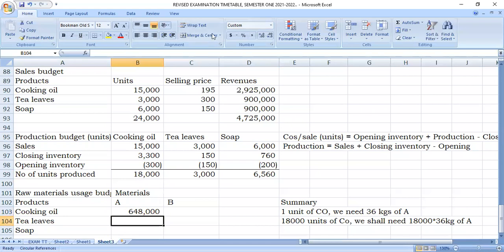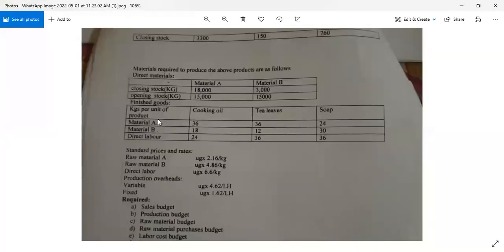Then for A again, as far as now tea leaves are concerned, it says that for material A, if you want to produce tea leaves, you need 36 kgs for a single unit. Okay, for a single unit per unit of a product. So you still need 36 as far as tea leaves are concerned. Then for soap, you need 24.